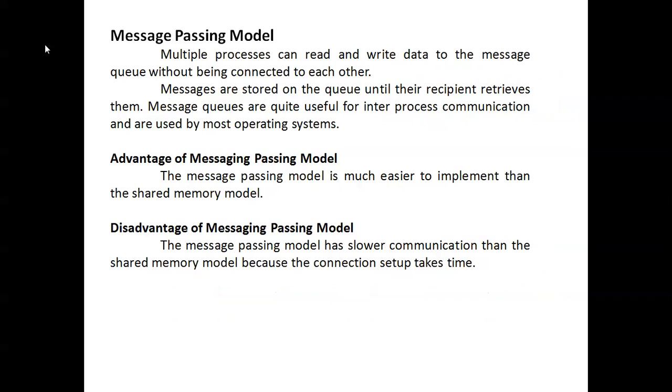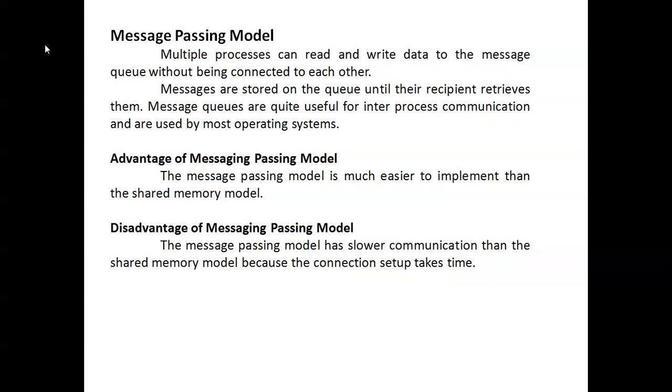And in the message passing model, multiple processes can read and write data to the message queue without being connected to each other. Messages are stored in the queue until a recipient retrieves them. Message queues are quite useful for inter-process communication.